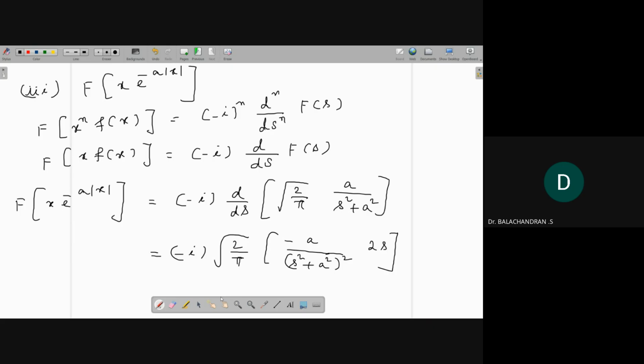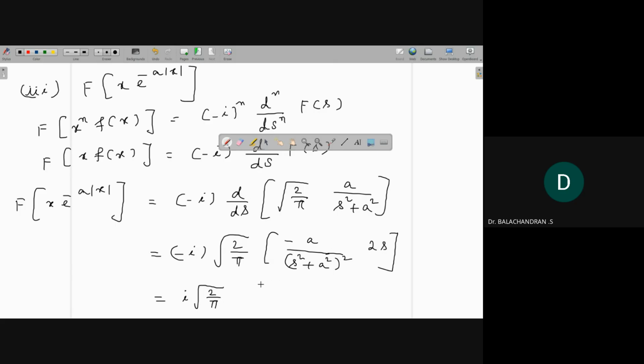So the final answer for this problem is minus into minus plus i into root 2 by pi, 2as by s square plus a square whole square. So this is equation number 4. So that's all. If you want, you can cross check our answer.